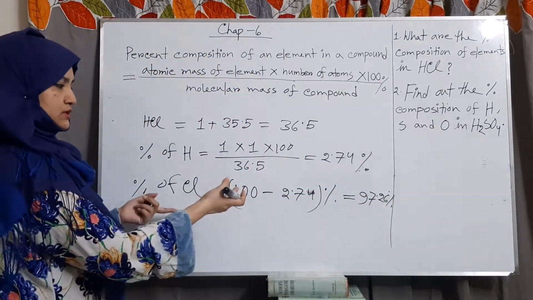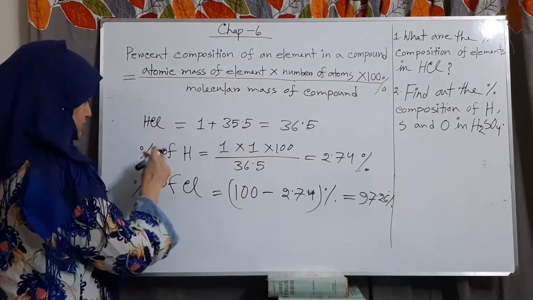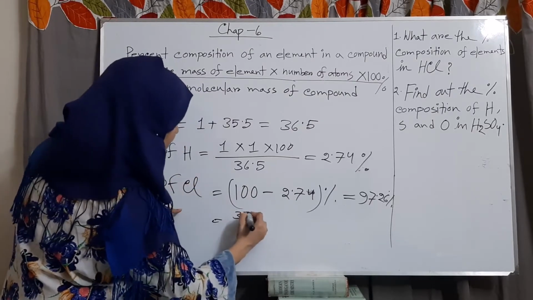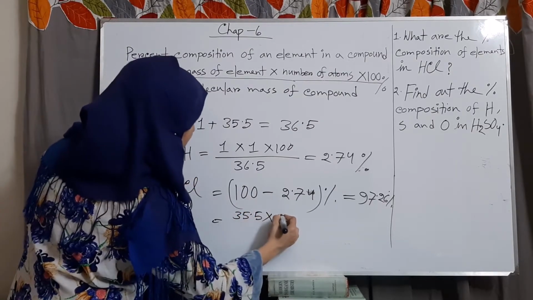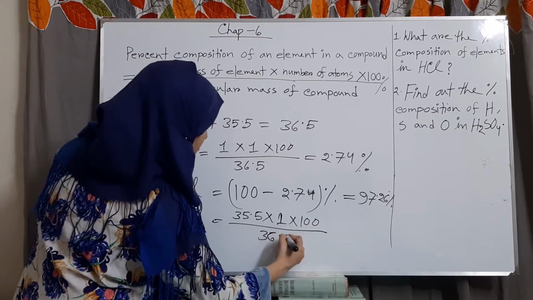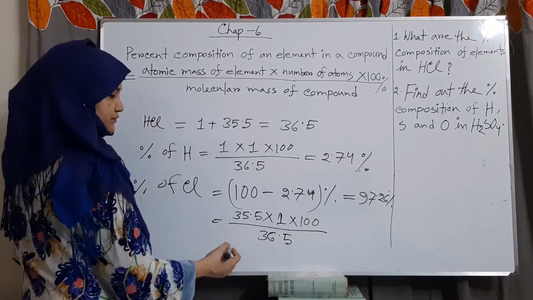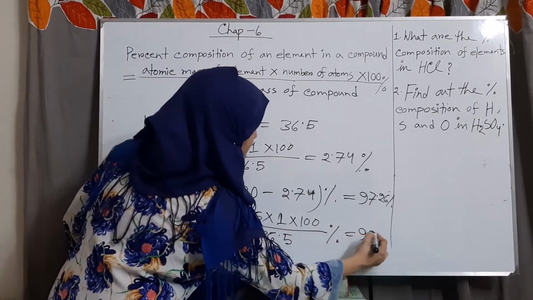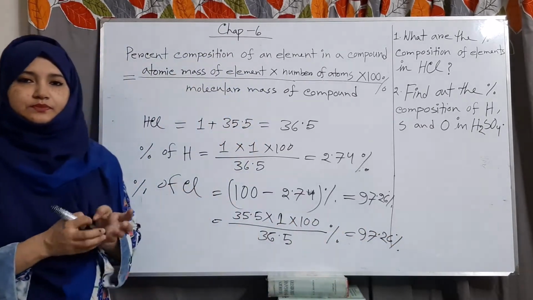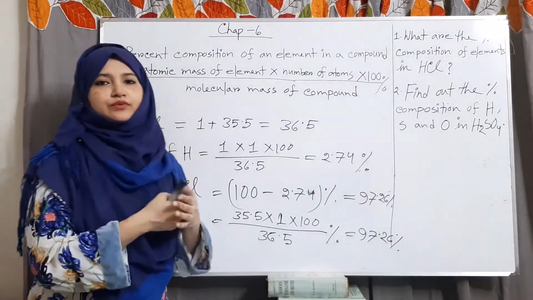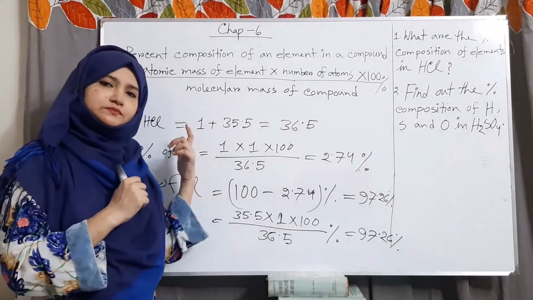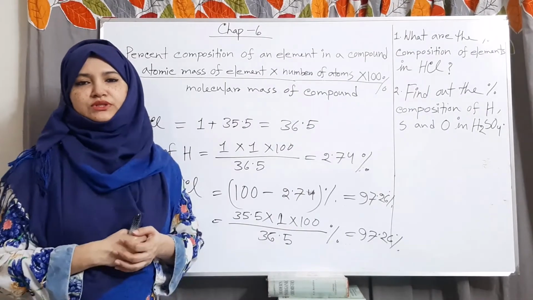And we can use an alternative way also. The percent composition is the atomic mass of chlorine, number of chlorine 1, into 100 divided by the molar mass of HCl, 36.5, and the same value will be found. This is the procedure for how we can get the percent composition of any element from the molecular formula.